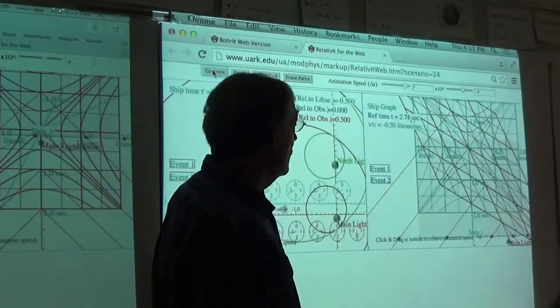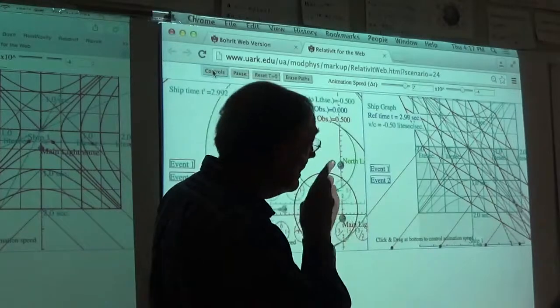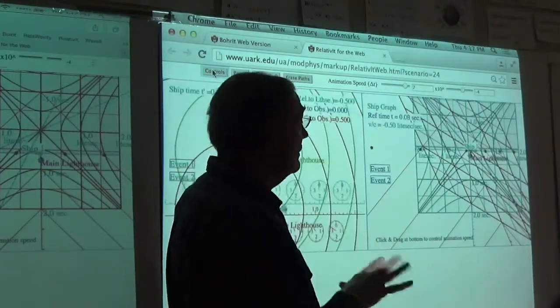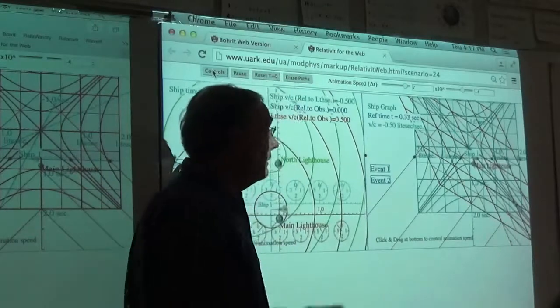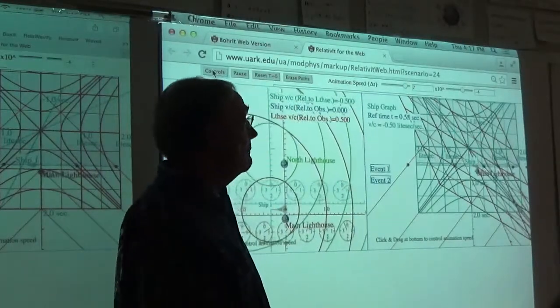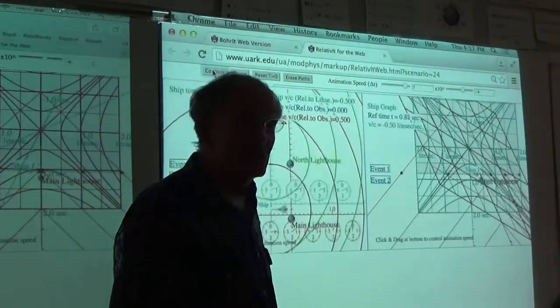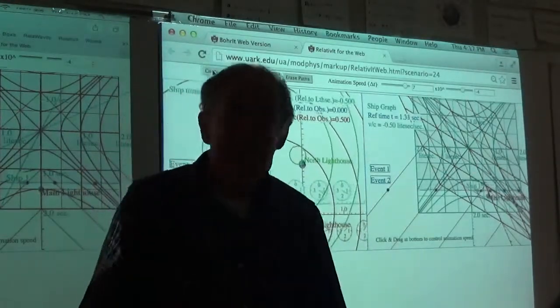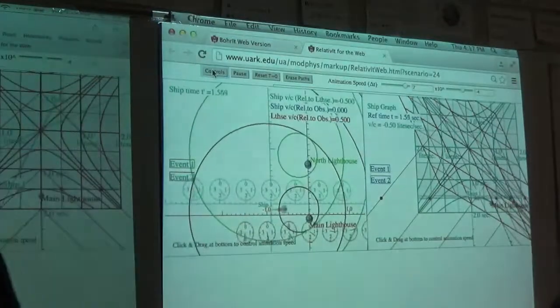Magnetism is a first order effect in velocity, and it's because of this. Forget about contraction. You won't see that until you're really going fast. But first order effects you do see, and magnetism is one of them because it makes the charges be out of sync and have different distances between them.